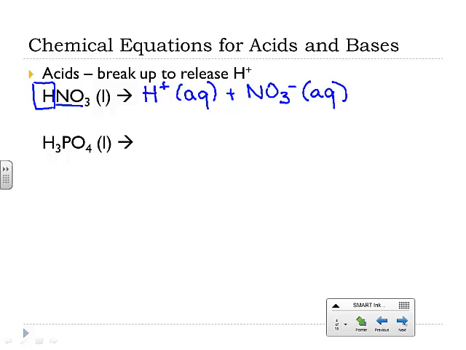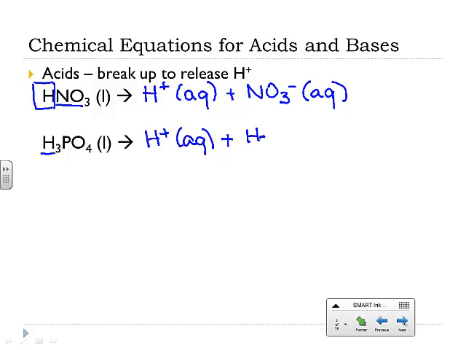Let's try another one. This is H3PO4, right? It's got 3 hydrogens up front, so this one actually has 3 hydrogens to lose. That's okay. We actually only lose 1 hydrogen at once, so there'll always be 1 H+, and it will always be AQ, aqueous, and then whatever's left. So I took 1 hydrogen off the front of that H3PO4.